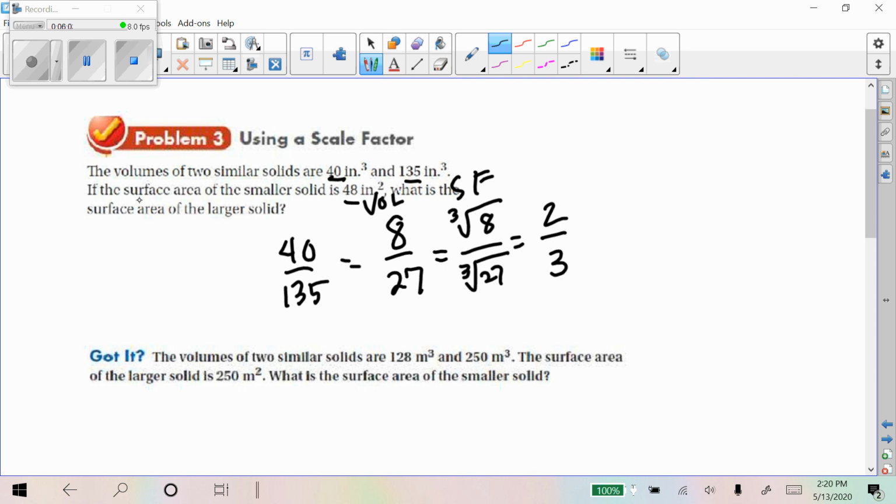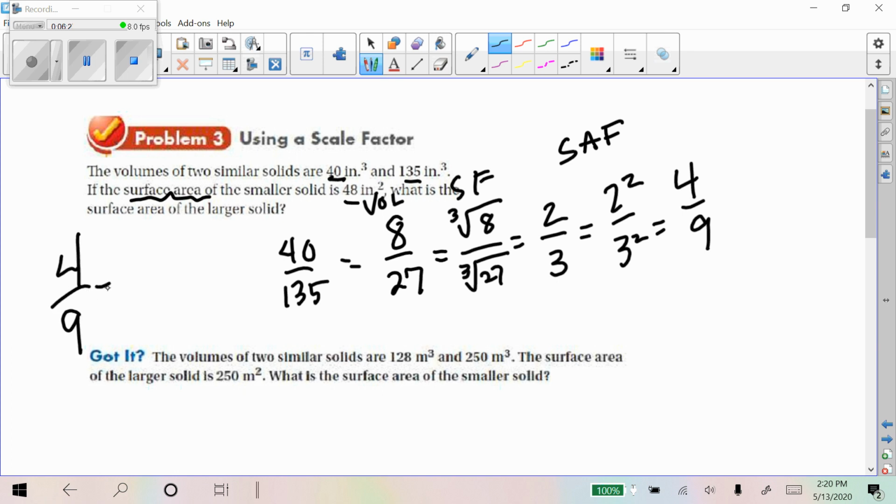But we want the surface area, so the surface area factor, let's call that SAF. Surface area factor is those numbers squared. So 2 squared over 3 squared, which is 4 to 9. So that's what we want to use when we find the answer to this problem.